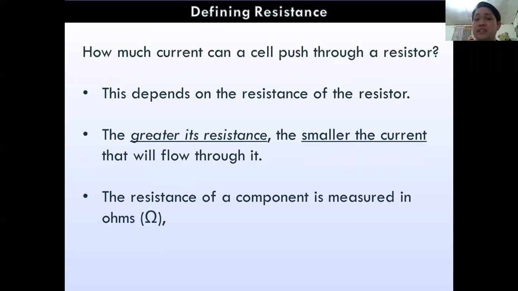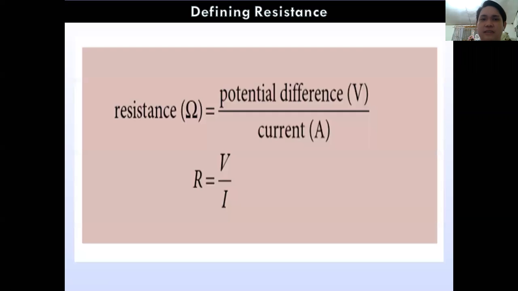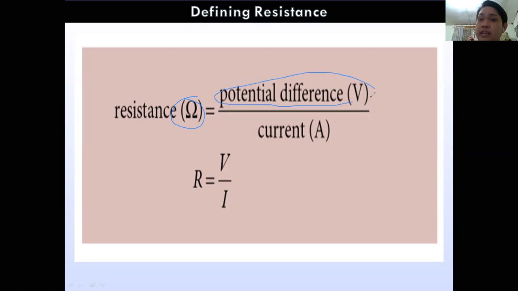Another is that the resistance of a component is measured in ohms. I want you to remember these concepts. To solve for resistance, it is equal to the potential difference, or the voltage in volts, over the current, measured in amperes.